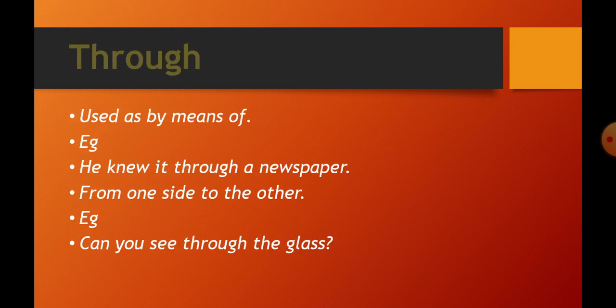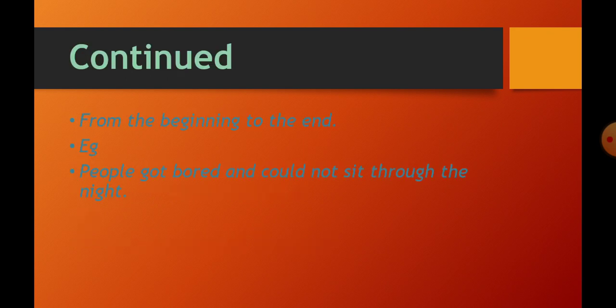Through, used as by means of. He knew it through a newspaper. We have already done this. From the beginning to the end. People got bored and could not sit through the night. That means from the beginning of the night to the end of the night, they got bored and they could not tolerate it.